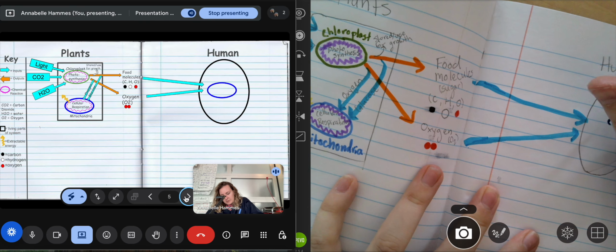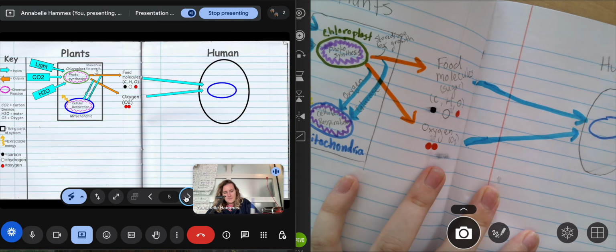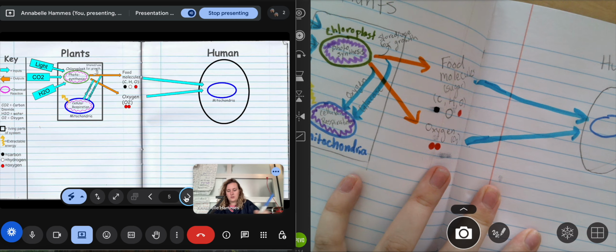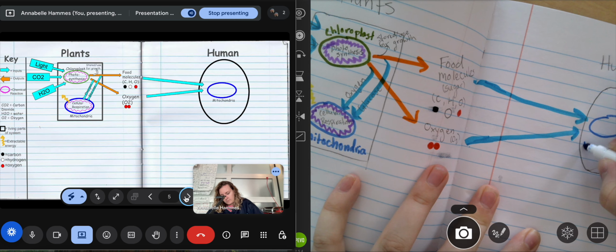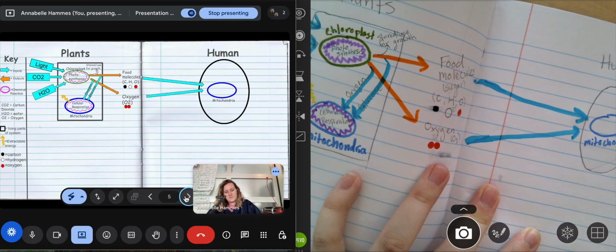Inside humans, we also have a mitochondria. I'm going to label that. And a chemical reaction happens in there too.